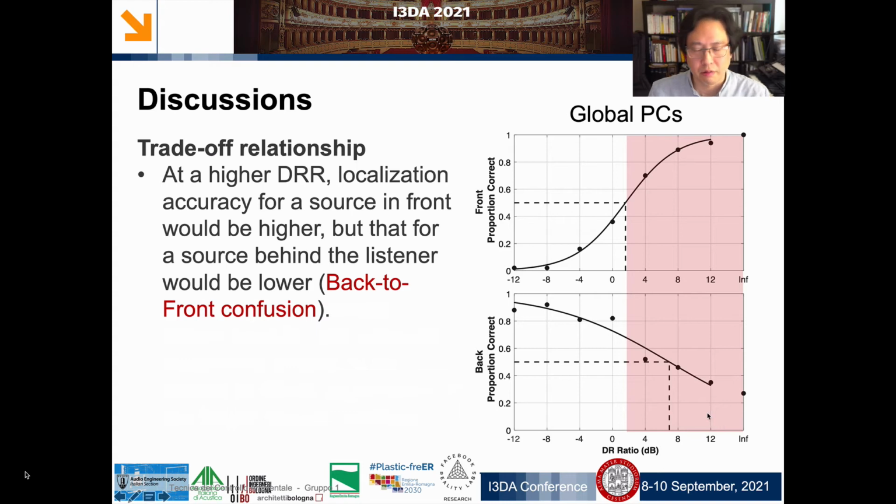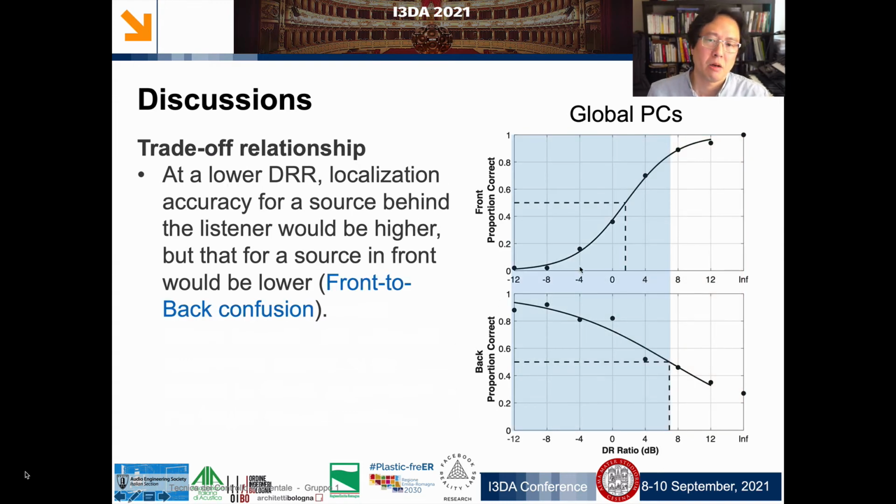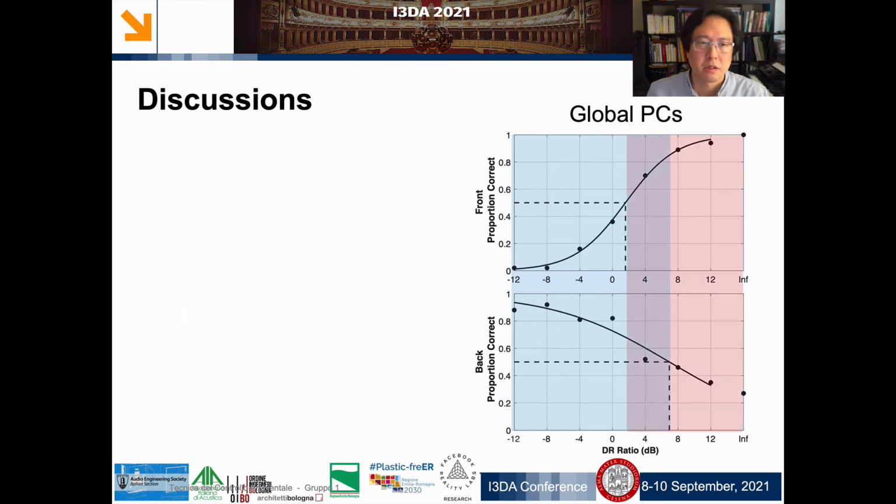That is back to front confusion. But at a lower DRR, we can see that localization accuracy for a source behind the listener would be higher, but that for a source in front would be lower. So we are seeing more of this front to back confusion. Now there tends to be this overlapping area where front and back confusion is neither super high or super low, but it's kind of middle ground here.